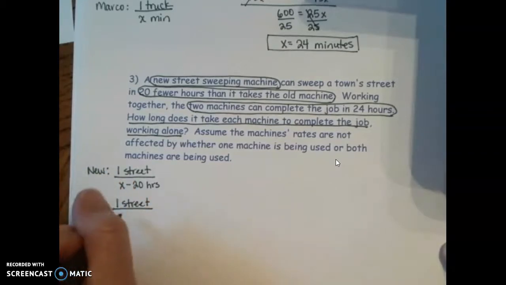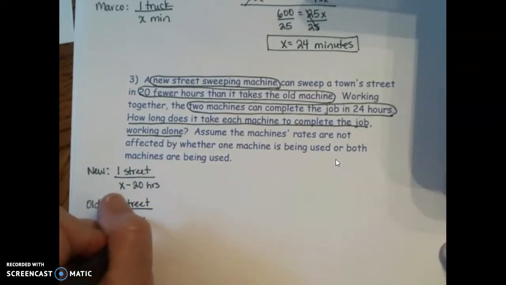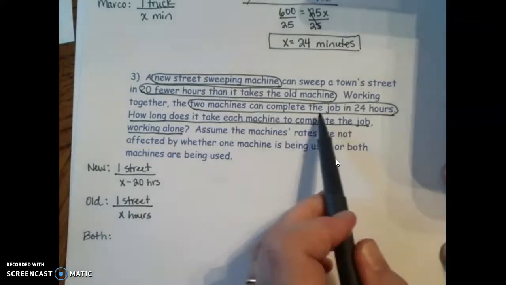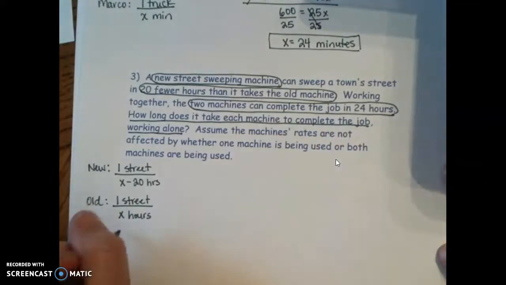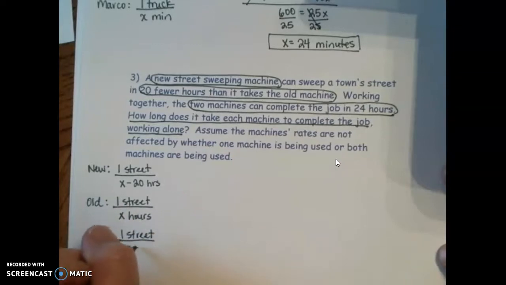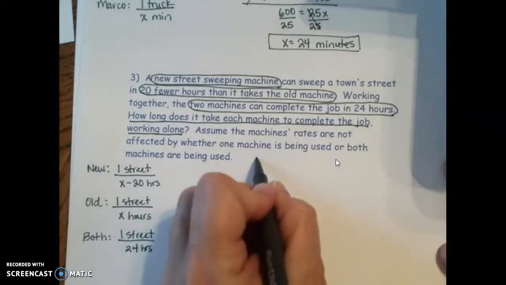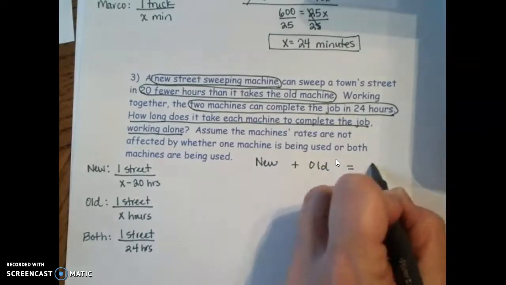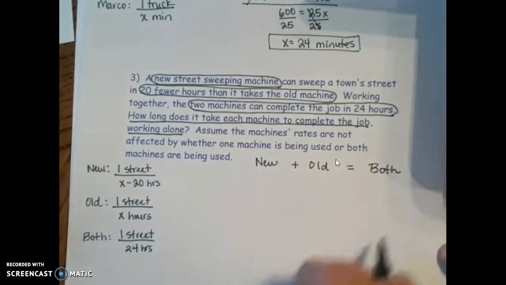The old machine is just going to be over X hours because we don't know anything about the old machine. But then we do know that both can complete the job in 24 hours. So one street in 24 hours. I'm just going to abbreviate there again. So again, new plus old would equal both machines together.